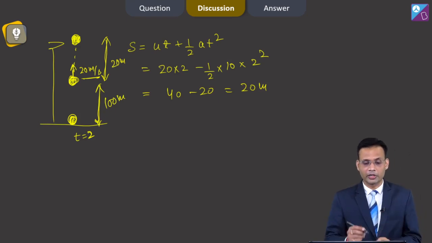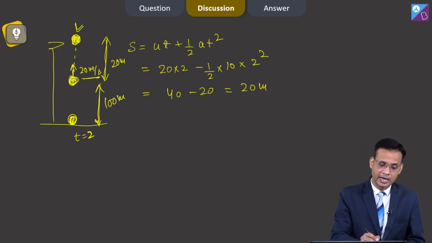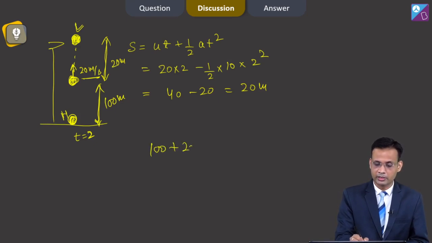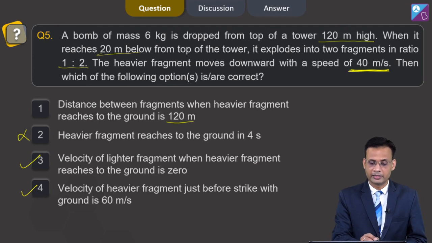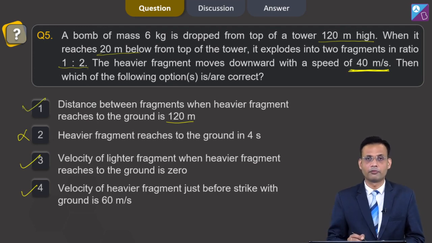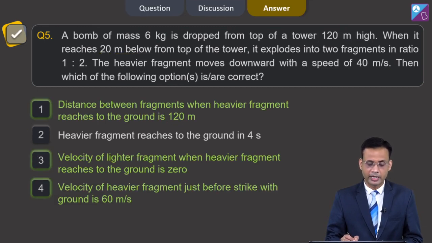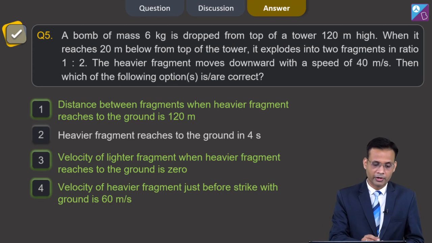So, the total separation between the lighter mass and the heavier mass will be 100 plus 20, that is 120 meter. So, we can say that our option 1 is the right option of this question. So, finally, for question number 5, the correct options are option 1, 3 and 4.